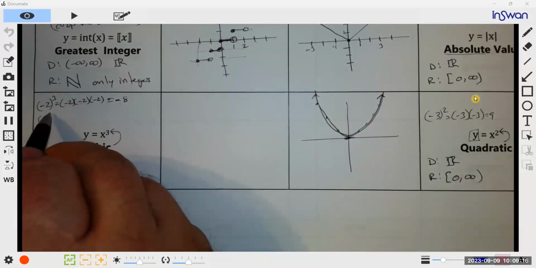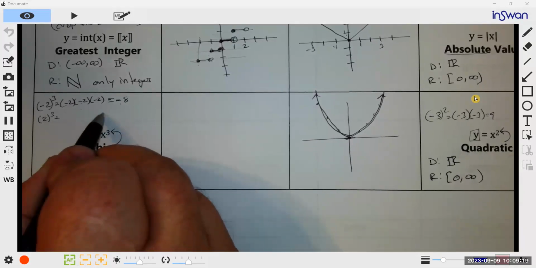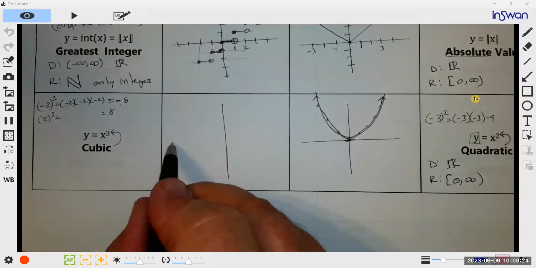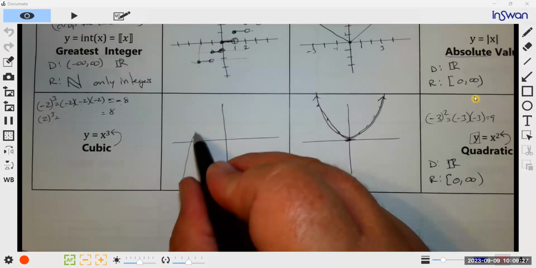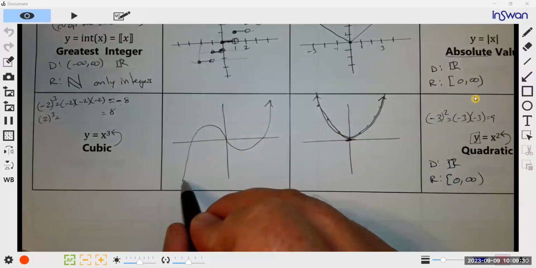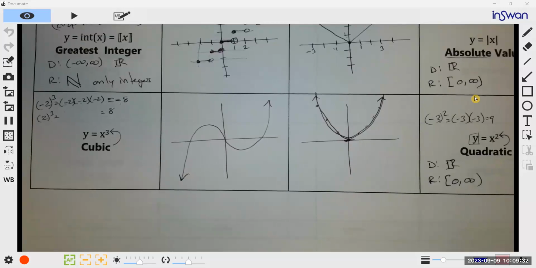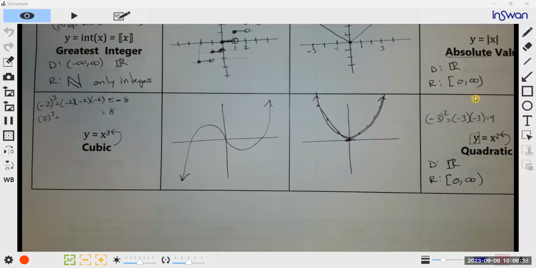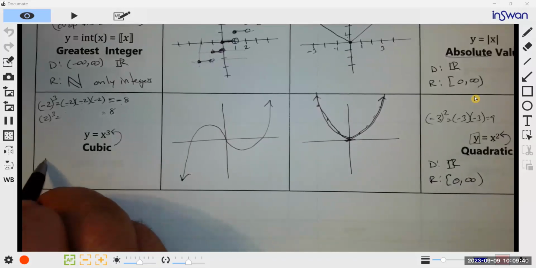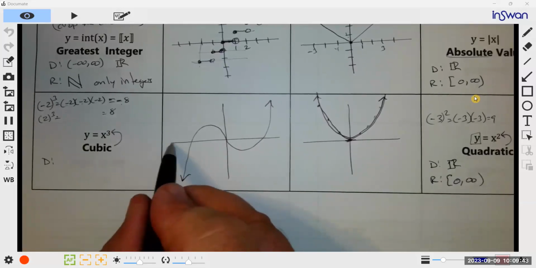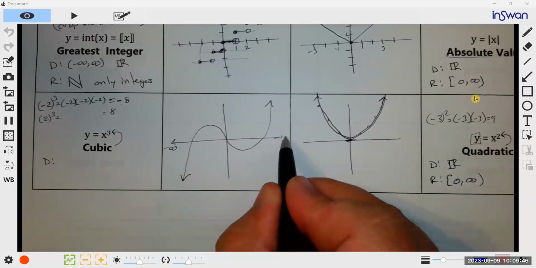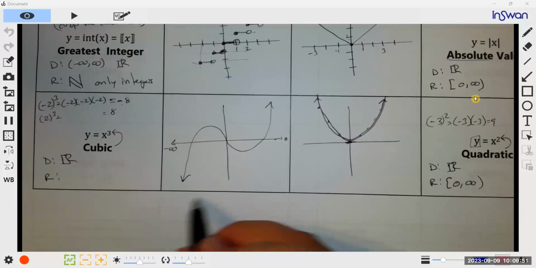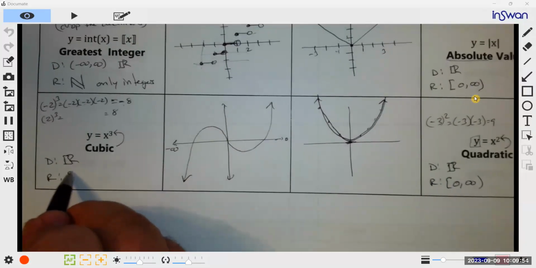If the x is positive, 2 times 2 times 2, the y is positive. So here's an exaggerated way this one looks. So the domain keeps on going forever, both directions, so it's all real numbers. And likewise, the range goes all the way down, all the way up, so it's all real numbers.